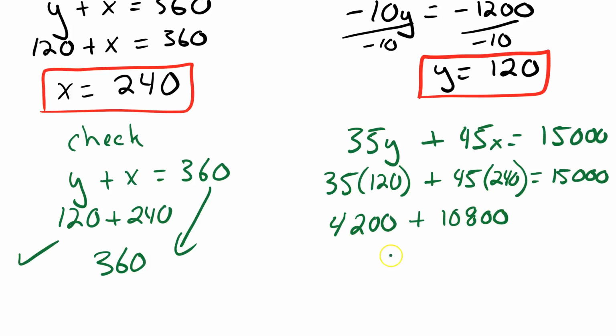These two added together is 15 grand, which is exactly what I was hoping for. I've got a check, so I've got a good solution here.